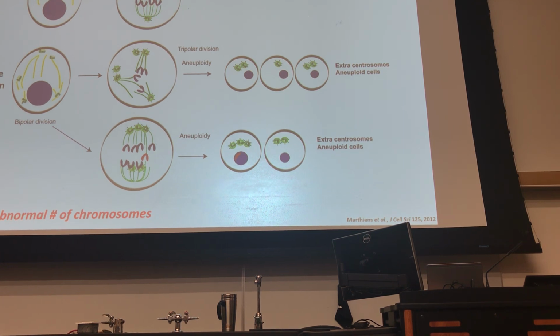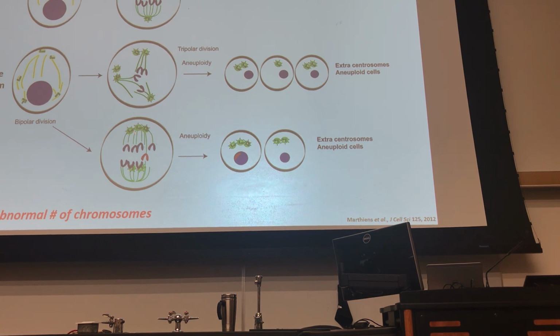Here you've got three pairs of centrosomes, all radiating out microtubules that are binding to kinetochores, so instead of pulling the chromosomes in an even direction, you're pulling them in multiple different directions. And so you end up with cells that have fewer chromosomes.